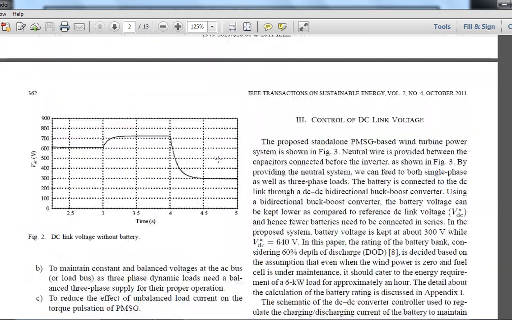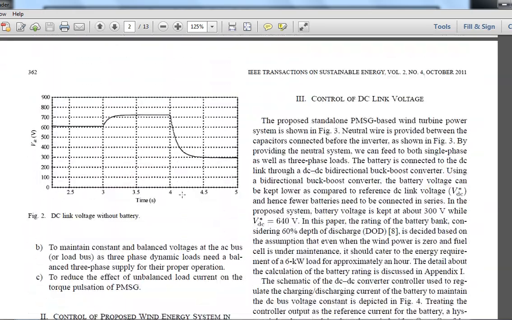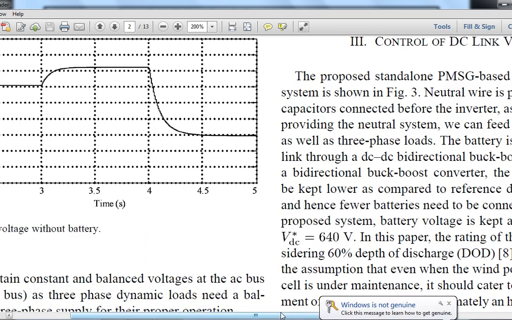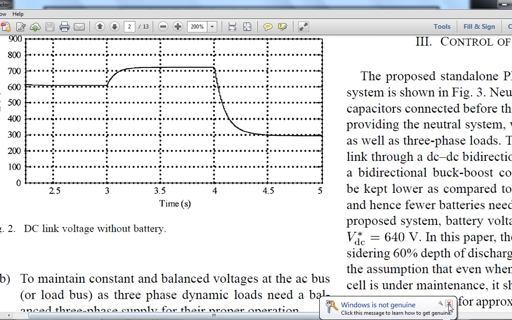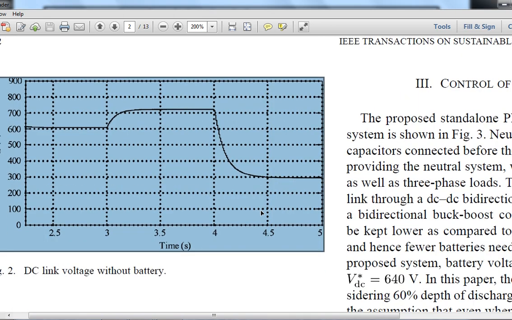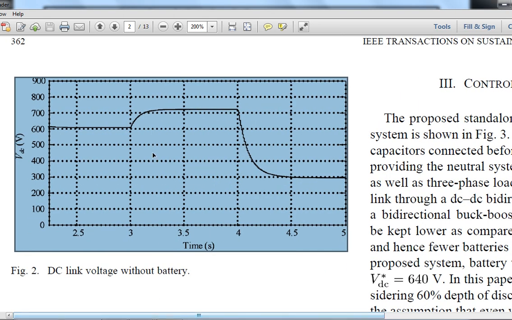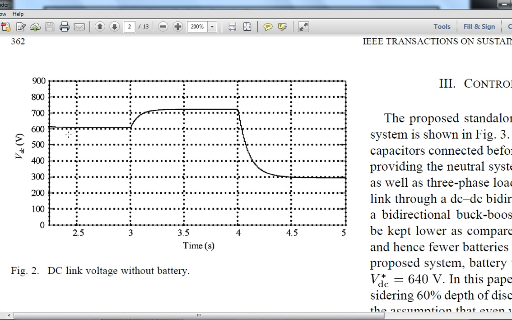So this is the importance of batteries. This is the DC link voltage. Without the battery, with the change in wind speed, the voltage is going to collapse.